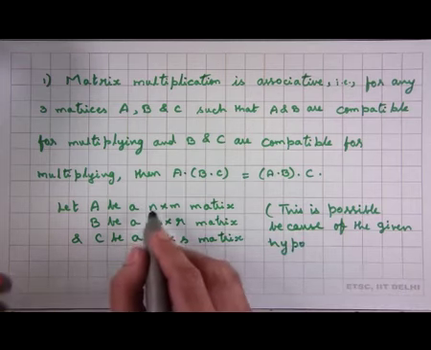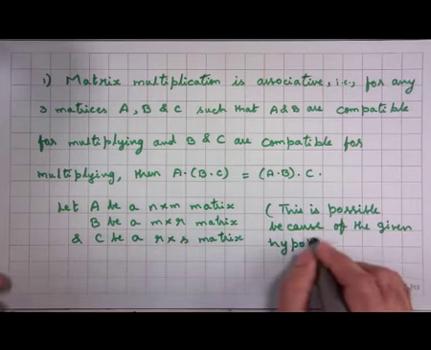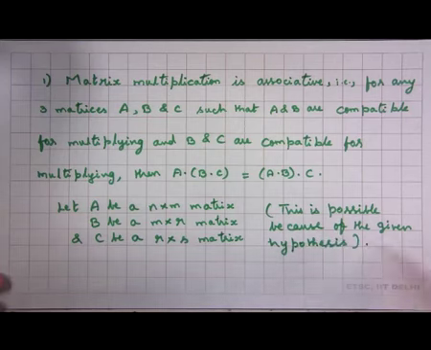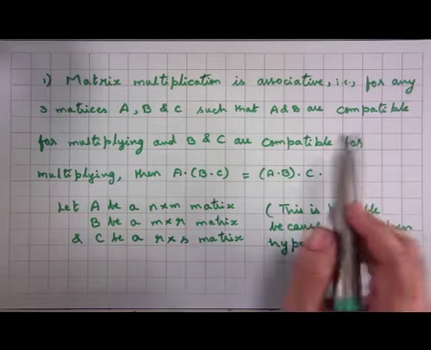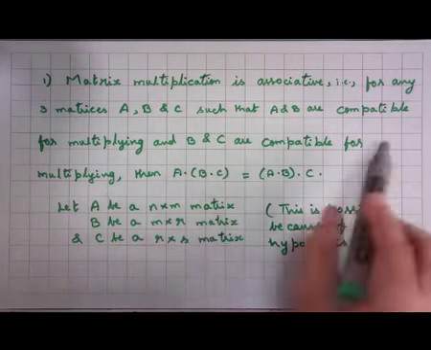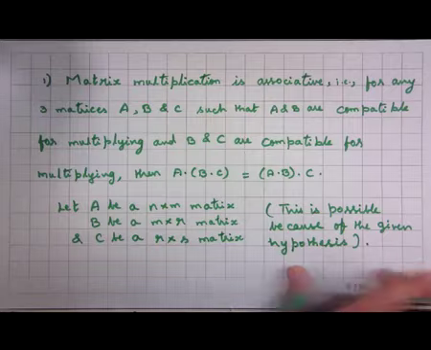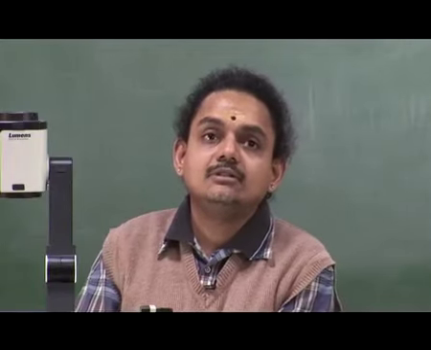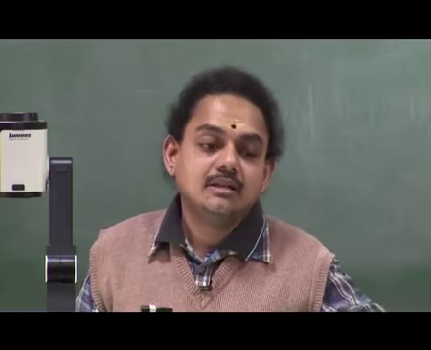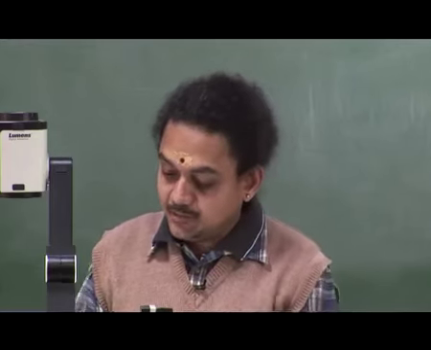A and B are compatible for multiplying and similarly B and C are compatible for multiplying. So, A is an n by m matrix, B is an m by r matrix and C is an r by s matrix.